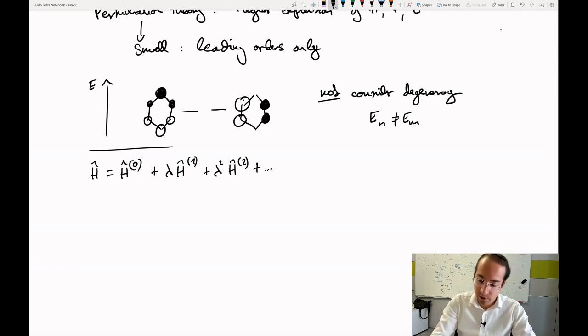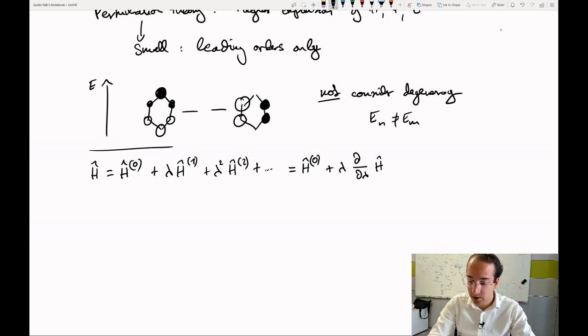Now there is a different way to write that in the picture of the Taylor expansion, where you say you have this reference Hamiltonian plus lambda times the partial derivative with respect to lambda of this Hamiltonian, which is a function of lambda, evaluated at lambda equals 0.